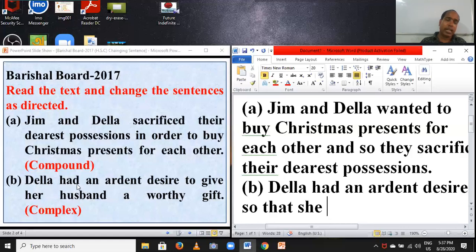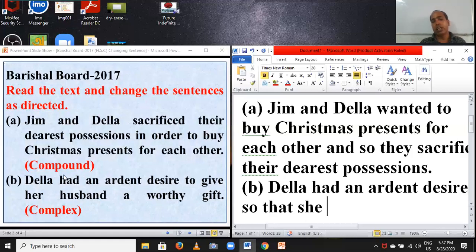Because "had", students, is in the principal clause. This is "Della had an ardent desire", the principal clause, and "to give her husband a worthy gift" is an infinitive phrase.